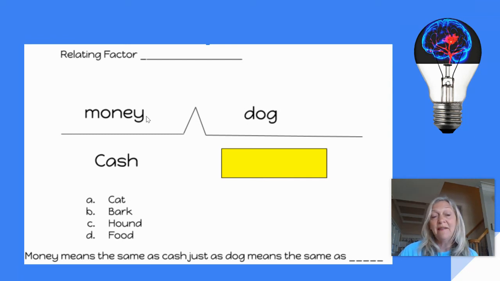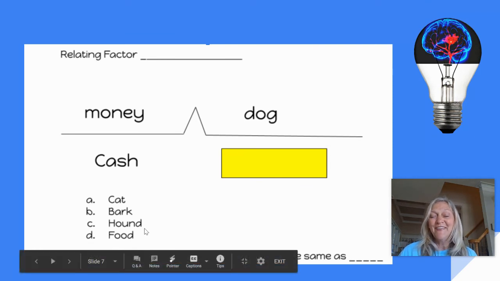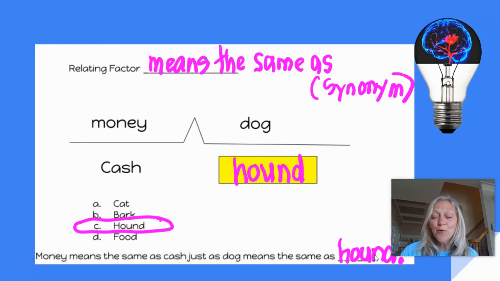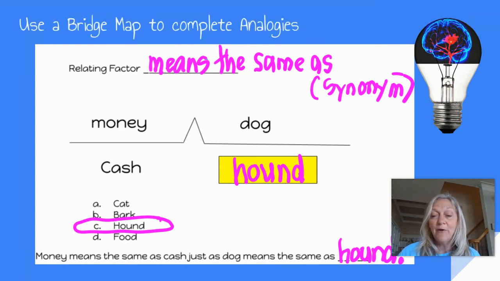You immediately got it. Money is the same as cash, and dog is the same as, you're right. The answer is hound. So money means the same as cash, just as dog means the same as hound.